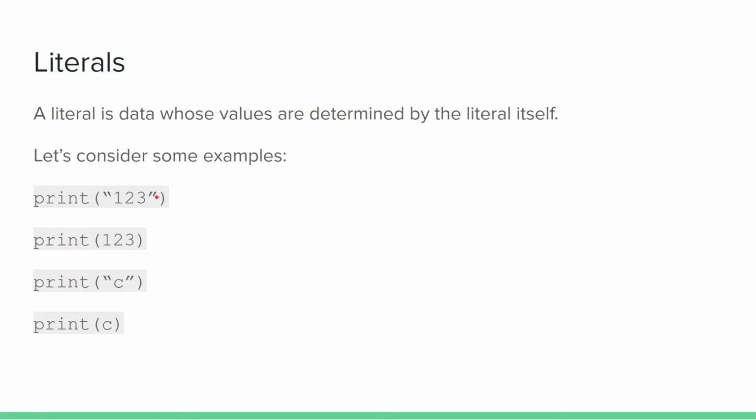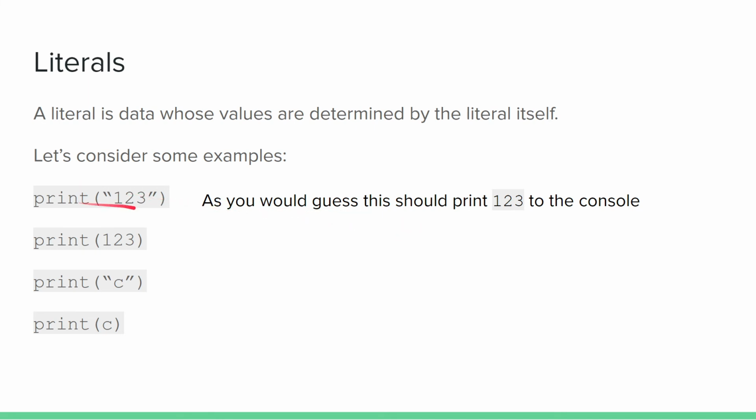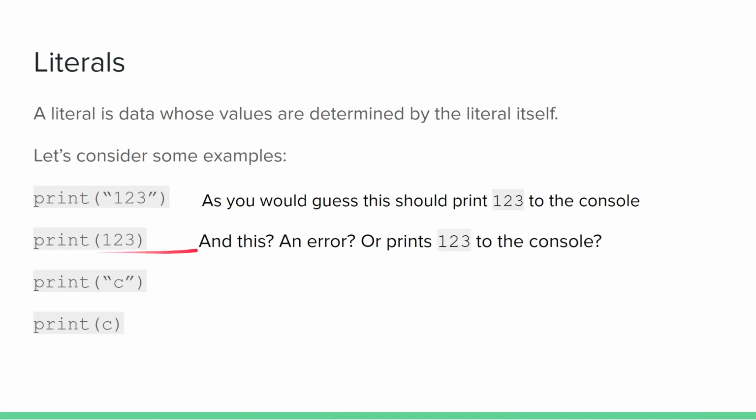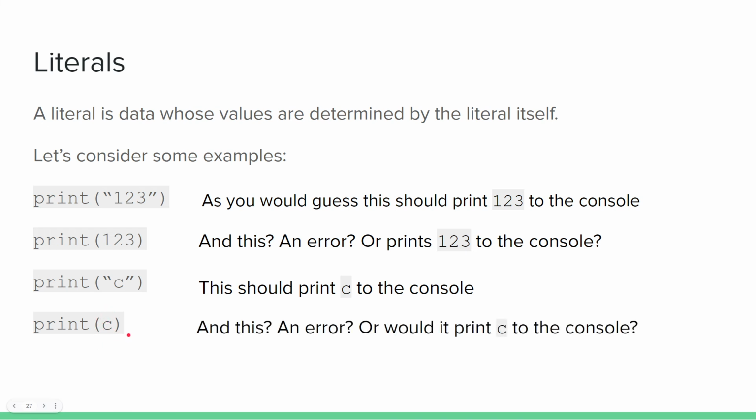You can see it as an alphabet, while you can see this as a number, where you can add 1 to 123 to give you 124. For the string, you can't add 1, it will not give 124. Both appear to print 123 to the console, but they are different. This is a string and this is a number. This is seen as a literal, and the other as a variable.